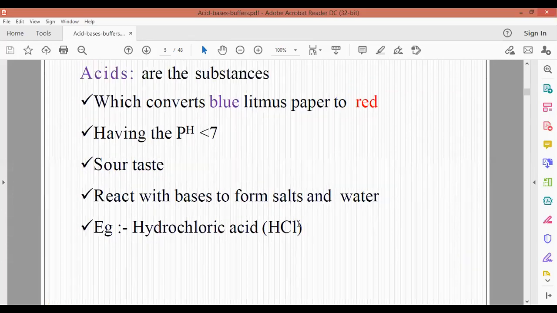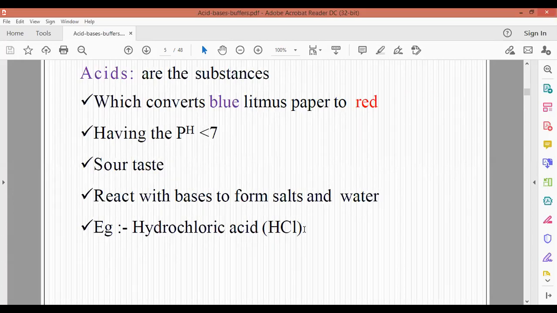Those are the substances which convert blue litmus paper to red. Those compounds show a pH less than 7, have a sour taste, and react with the base to form salts and water. All these substances are called acids.